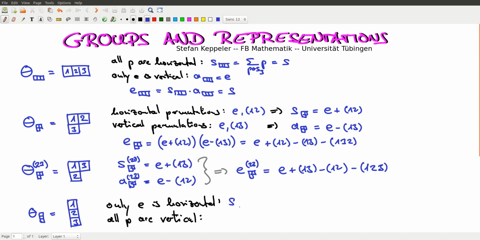The symmetrizer for this tableau is the identity, and the anti-symmetrizer for this tableau is the total anti-symmetrizer of S3. And if we put that together, we get the Young operator for this tableau is also the total anti-symmetrizer for S3.